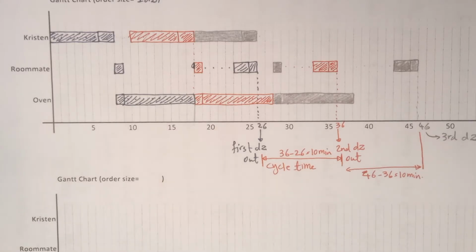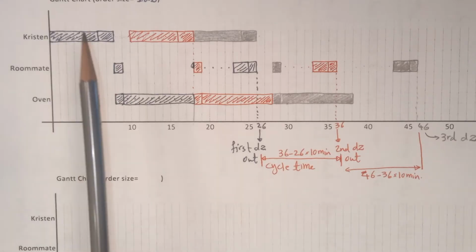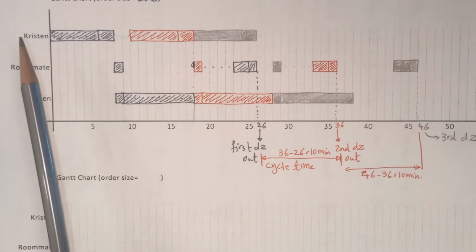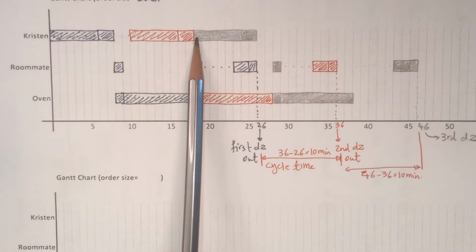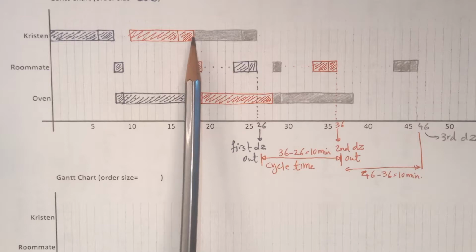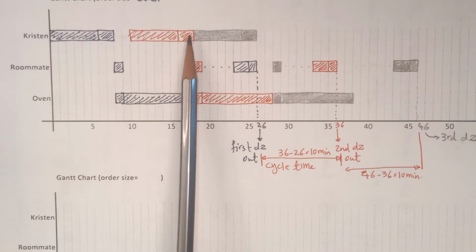Rather than doing that, this time I have decided to take those 2 minutes of idle time as a break between the 2 dozens. That's why you see these 2 minutes of break. Later on, for dozen number 3, I have decided to start it immediately after finishing dozen number 2. It's up to you.